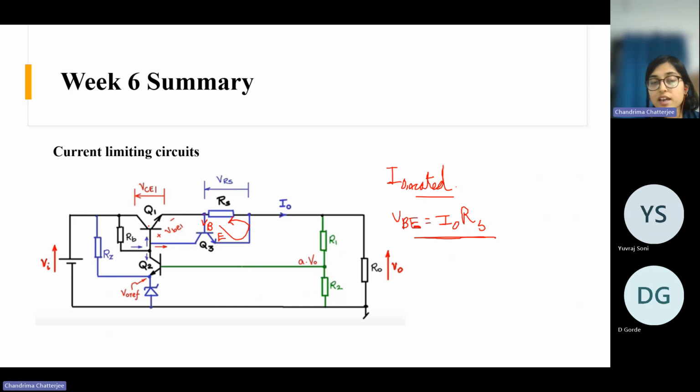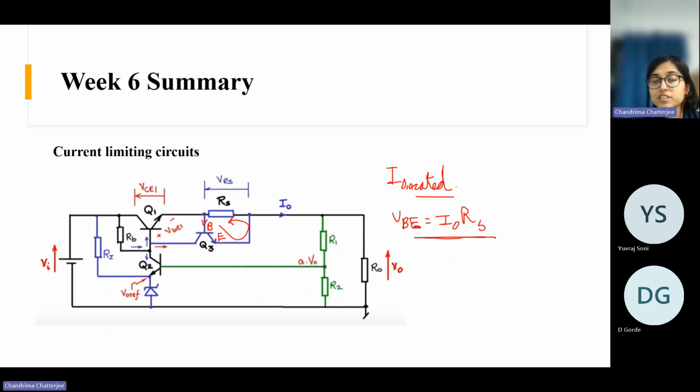So now the base current through this Q1 further decreases, right? So this enters the cutoff region, and then it blocks a very high amount of voltage, and this voltage becomes very small. So then I naught also becomes lesser. That is the working principle of this current limiting circuit.